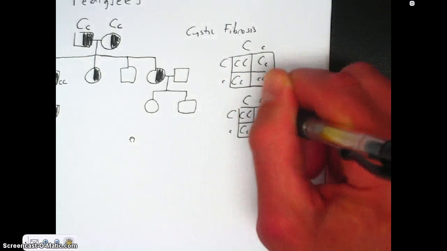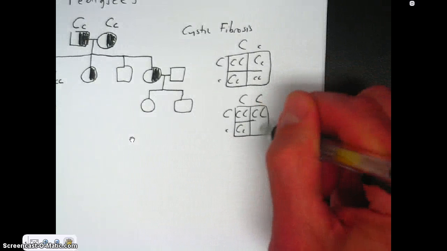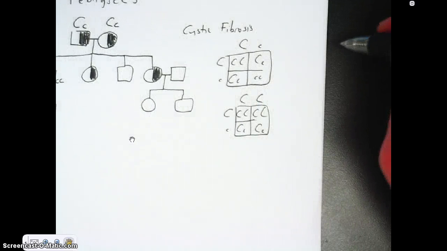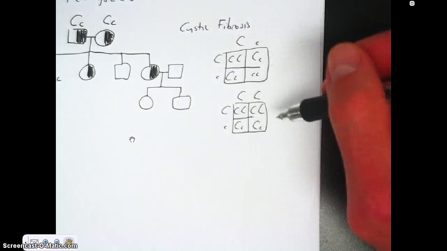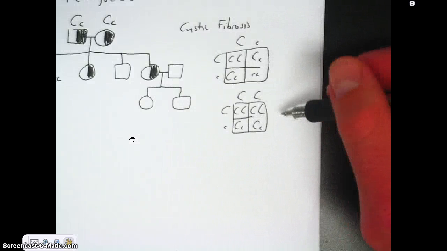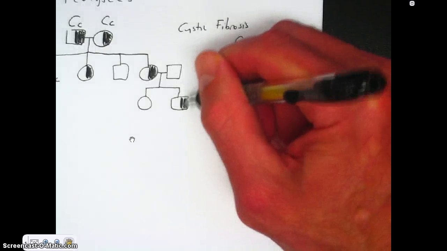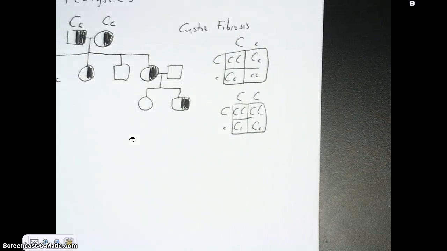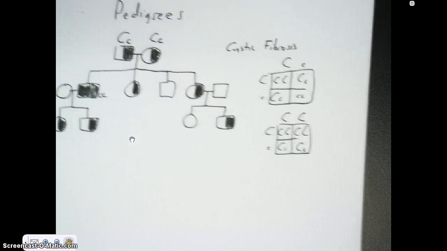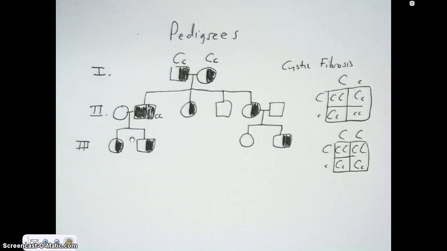What's going to end up happening is they don't have a chance at all of having any children with cystic fibrosis. But they do have a 50-50 chance of having a carrier, and we'll say that's going to be him right here. That's only by the odds; it doesn't have to work out that way, but that's the way the odds say it should happen.